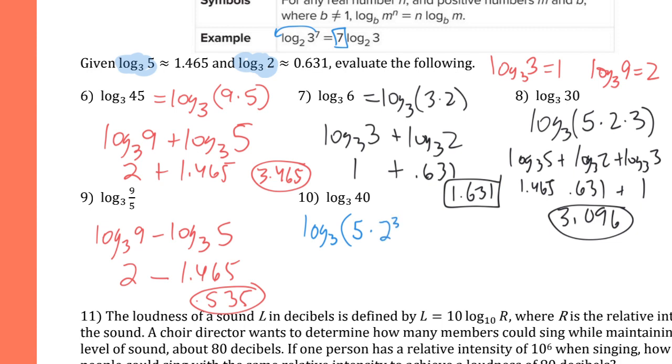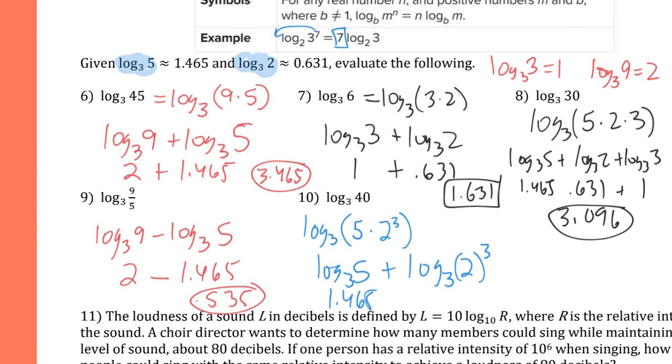So here's where we'll use that last property, and again, it's a little tricky. So you do log base 3 of 5 plus log base 3 of 2 cubed. If we're trying not to use a calculator except for the basic functions, log base 3 of 5, they give us as 1.465.